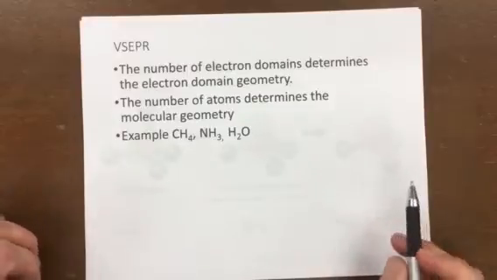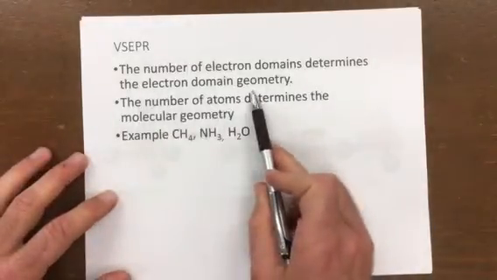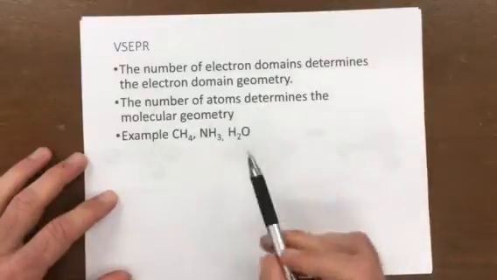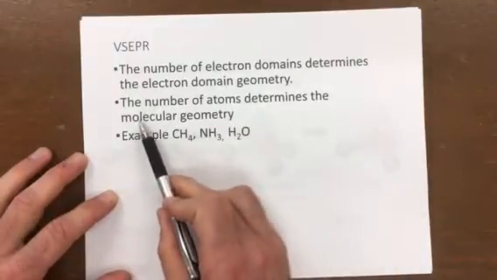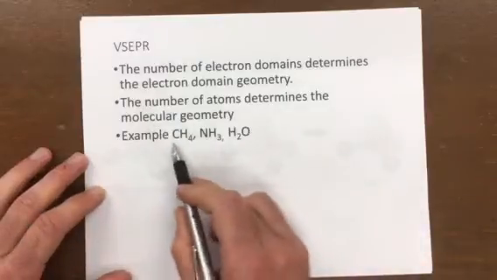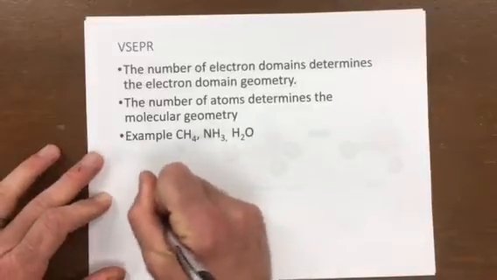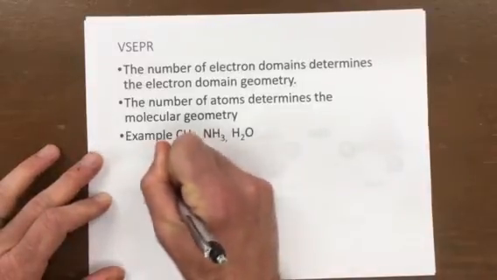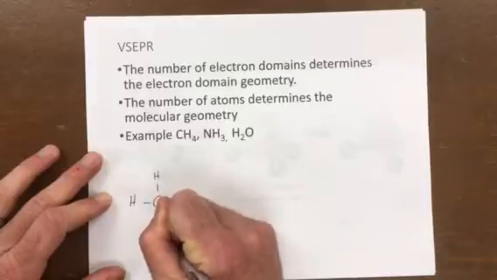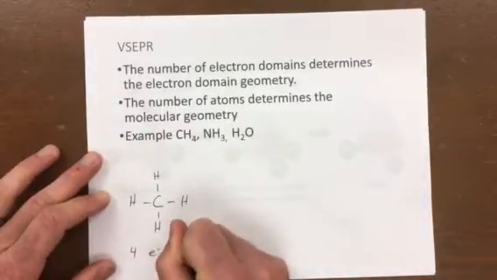So let's take a look at a couple examples. The number of electron domains determines the electron domain geometry. However, there's more than just those 5 shapes, because the number of atoms is going to determine the molecular geometry. For instance, CH4 has carbon bonded to 4 hydrogens, so we have 4 electron domains.